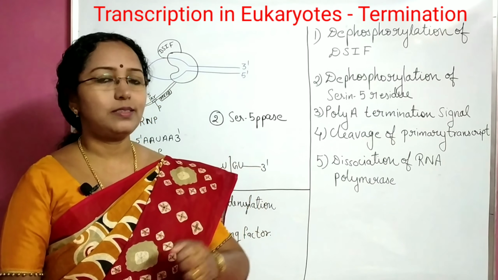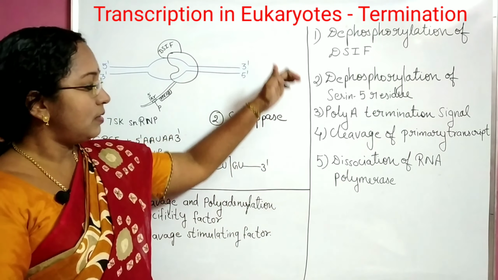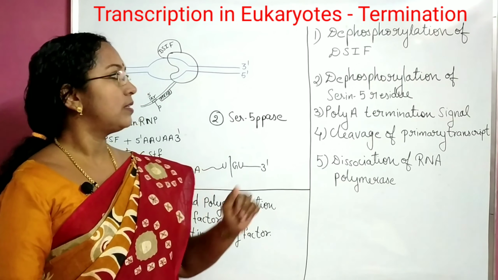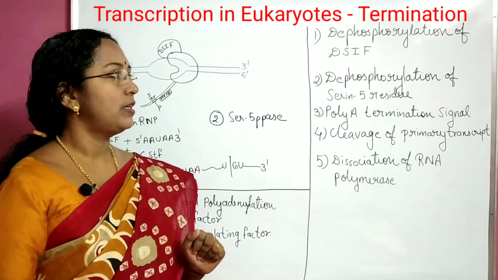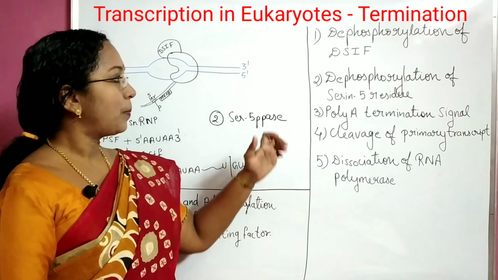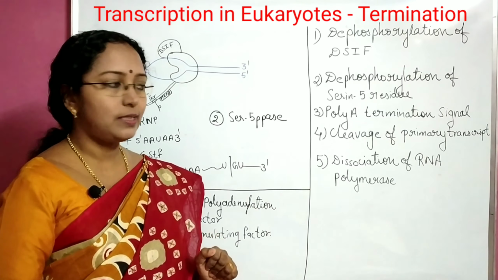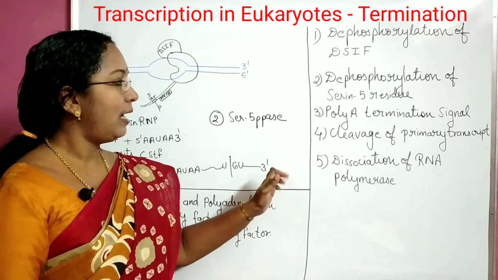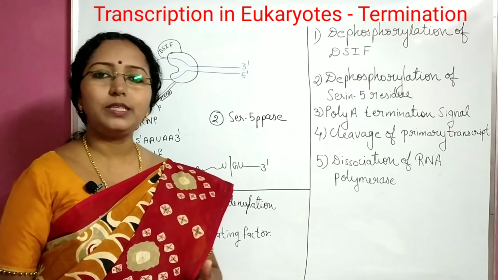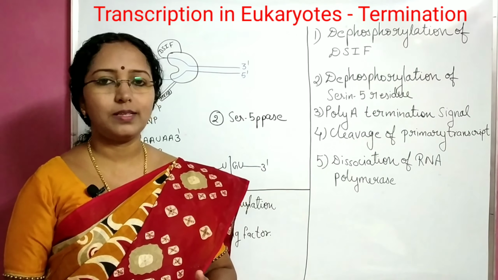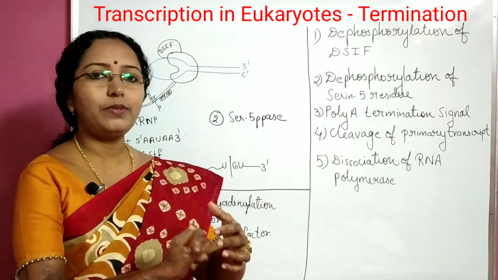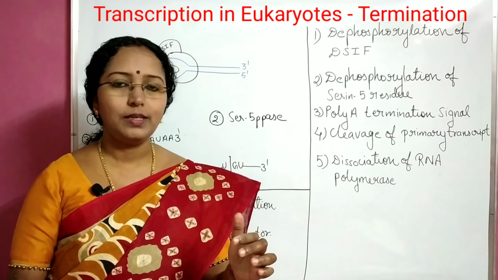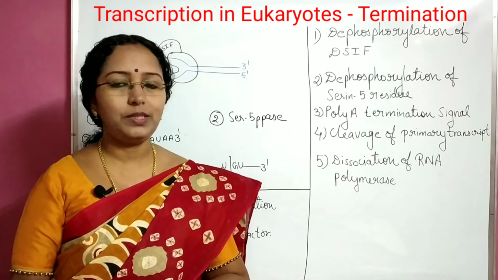The termination we can see under these heads: dephosphorylation of Dsif, dephosphorylation of serine 5 residues, poly-A termination signal, cleavage of primary transcript, and last of course dissociation of RNA polymerase. So RNA polymerase will not dissociate all of a sudden. For this transcription to stop, there are other phases in between also.